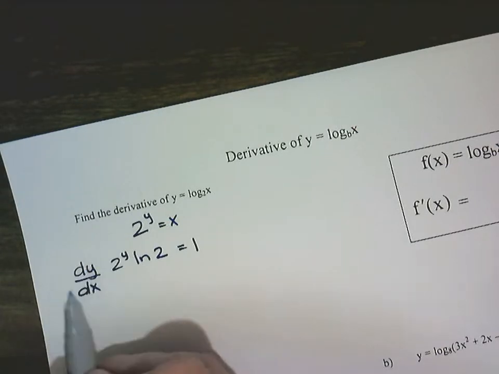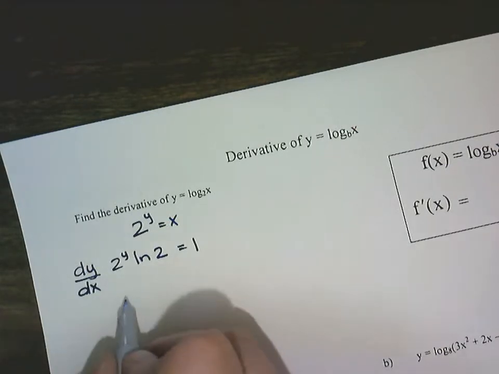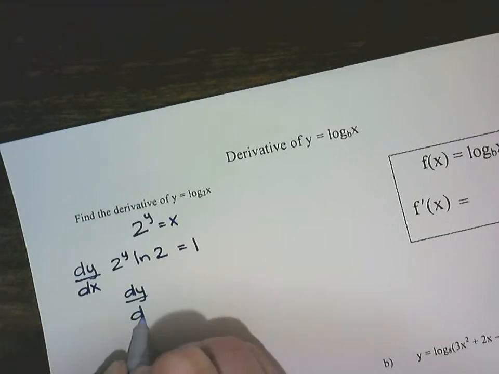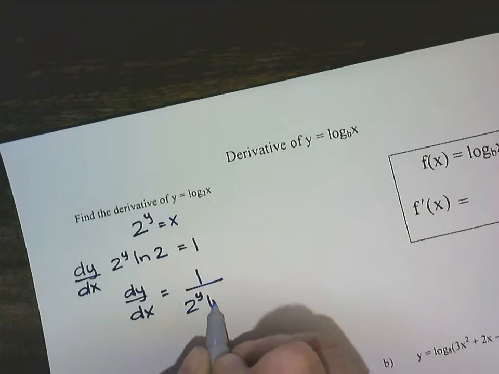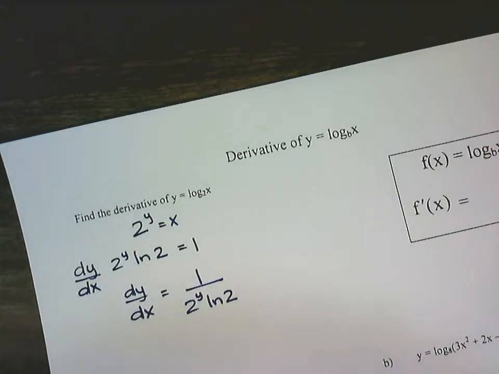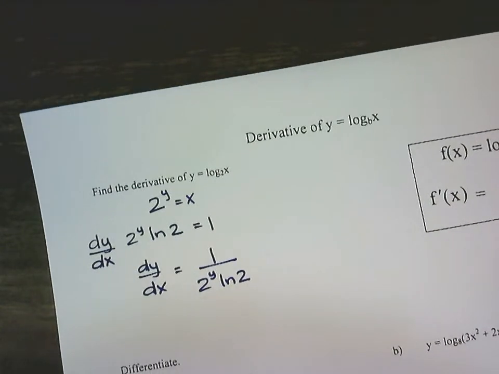So again, I want to solve for dy by dx. So dy by dx is equal to 1 over 2 to the y ln 2. Well, what is 2 to the y? Because I would really like it in terms of x. Well, 2 to the y is just x.